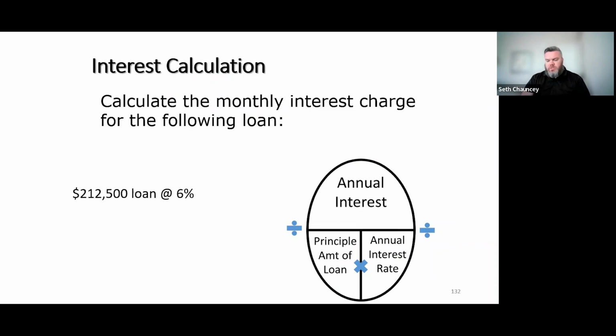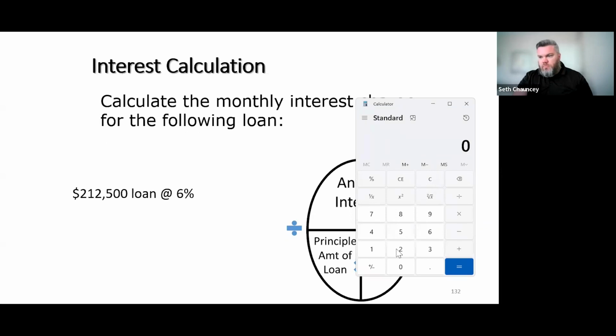What is your monthly interest for this one right here? 212,500 times your interest rate gives us annual interest of 12,750, divided by 12. Oh no, 1,062.50.